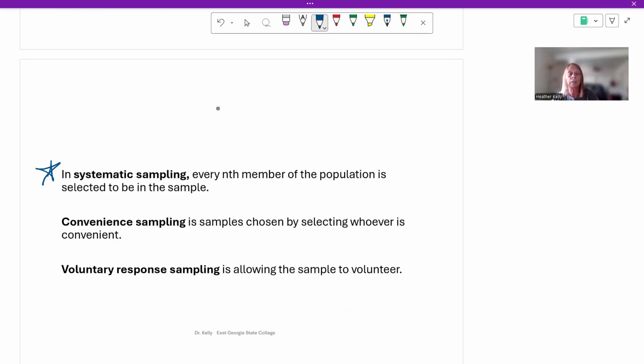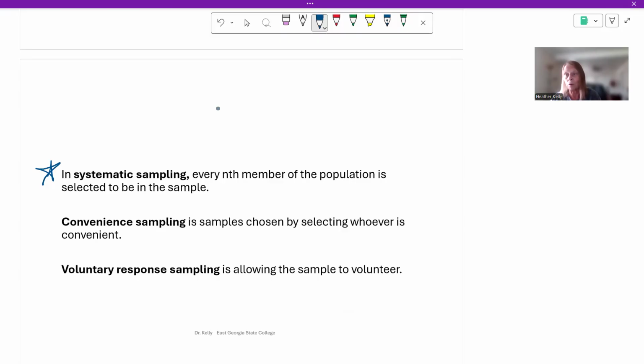Convenience sampling would be if we were all in a classroom and I decided to just sample everybody right in front of me. That would be convenience sampling, kind of difficult to replicate, but certainly still a fair sampling methodology. And then voluntary response sampling, where we do this every semester.